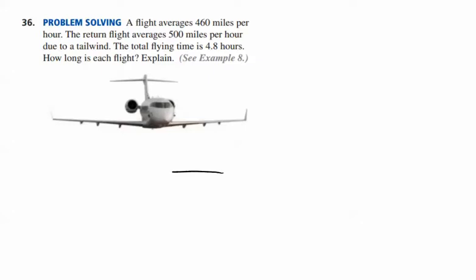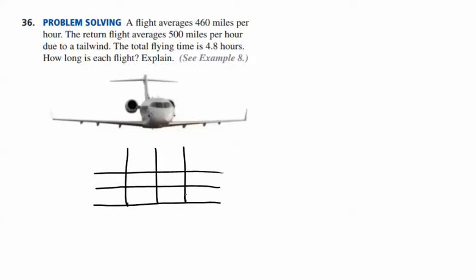So we've learned a strategy for solving distance problems similar to this, and it kind of looks like this. Distance equals rate times time. And in this one we have a flight and a return flight.